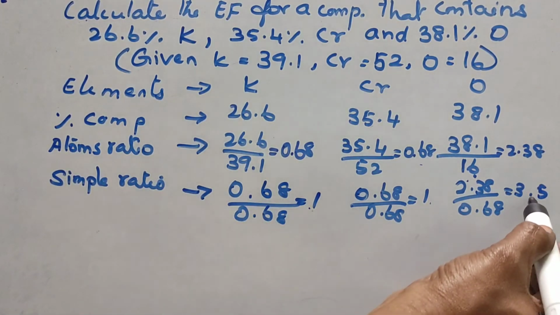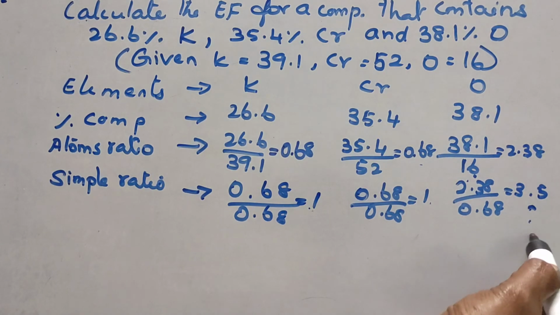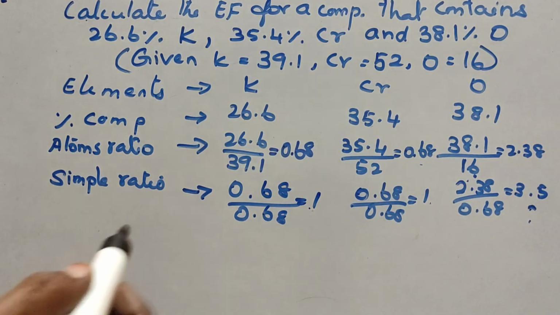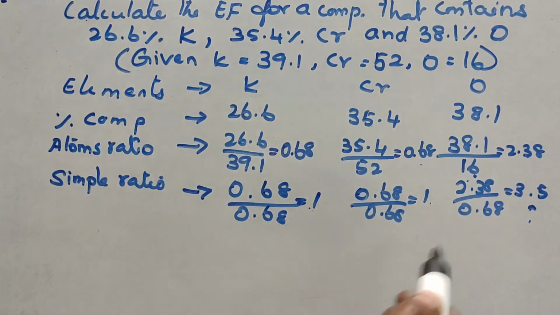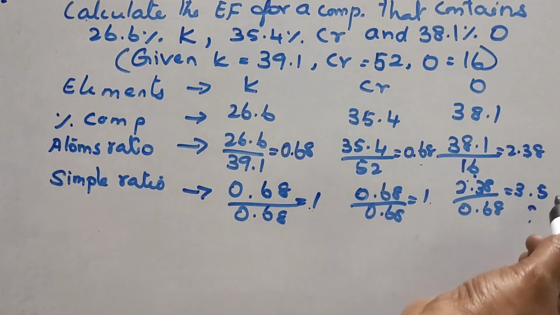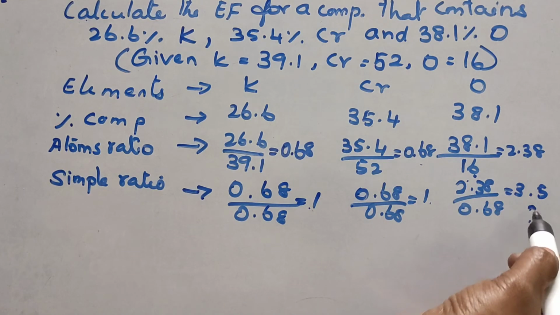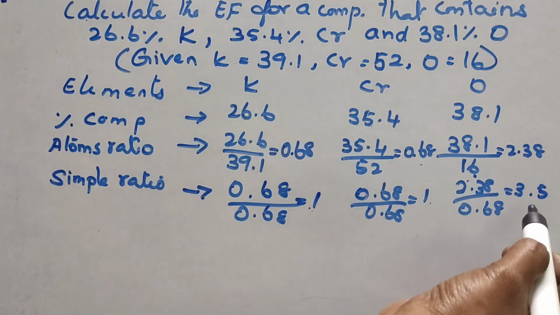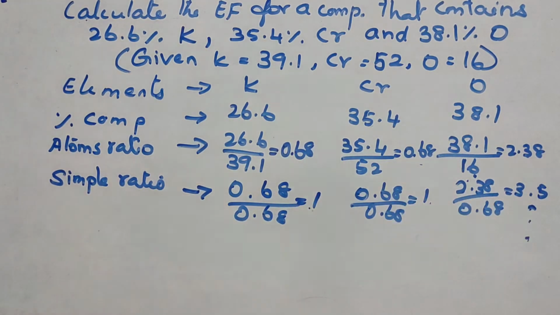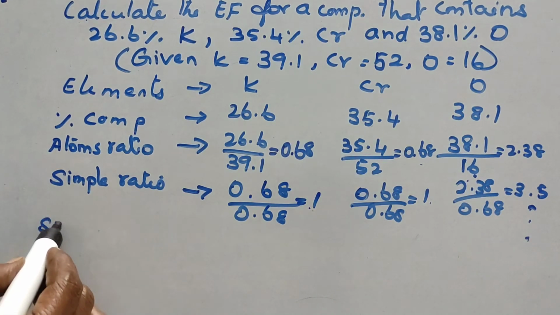Here, multiplying by 2, you will get a whole number. So all the ratios should be multiplied by 2, because 3.5 multiplied by 2 gives the whole number 7. You have to multiply the values to get the simplest whole number ratio.